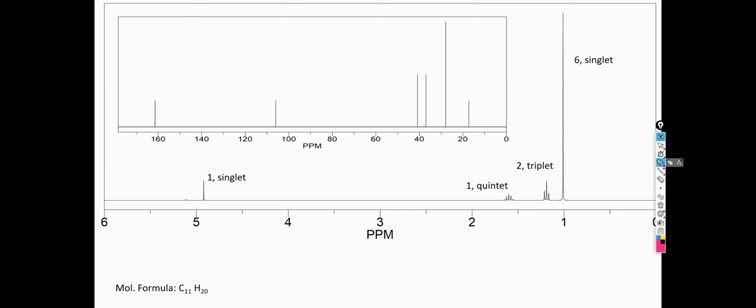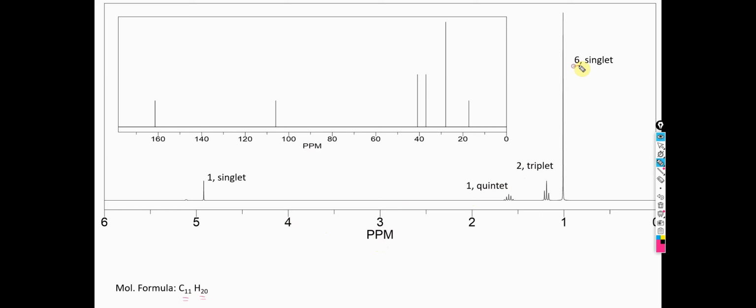So the first thing that you need to do in an NMR is to see if there are proton counts given in the spectrum. Sometimes the protons can be the same number of protons that you have in the molecule that you see in the spectrum. Sometimes they could be multiples or fractions of what actually you have in the molecule. For example, if you look at this, you have 11 carbons, 20 hydrogens, right?